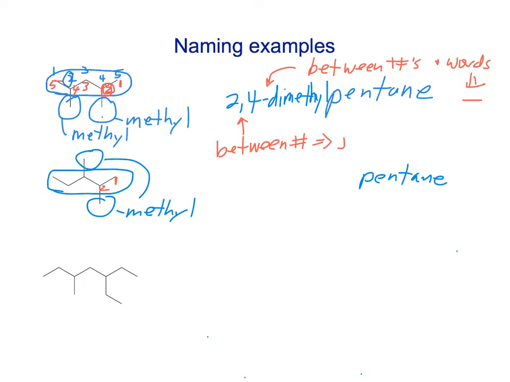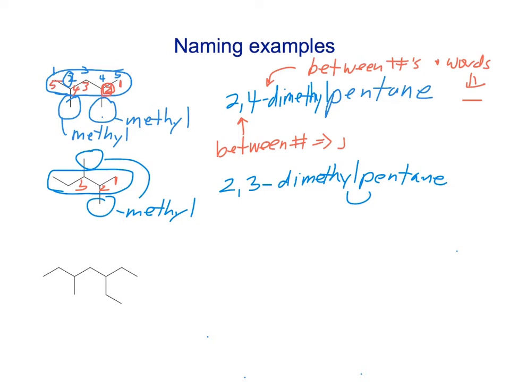If we numbered it from left to right, the first one would be at 3. Okay, so we have methyl groups at 2 and 3, so this is 2,3-dimethylpentane. Again, a comma between the 2 and 3, a hyphen between the 3 and dimethyl, and the last substituent runs directly into the parent name, all in one word.